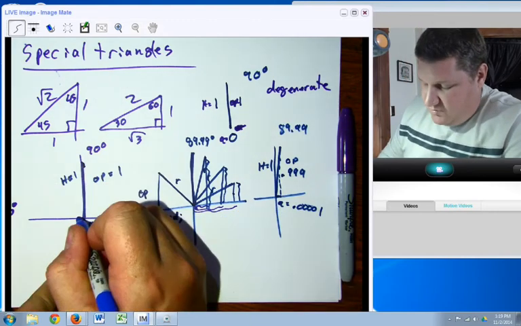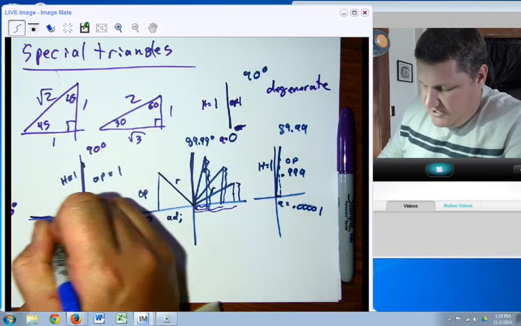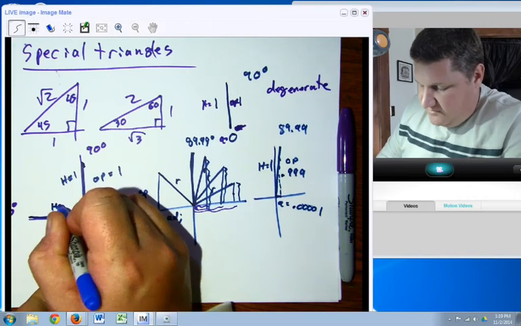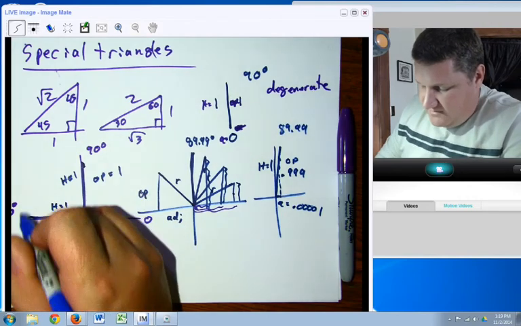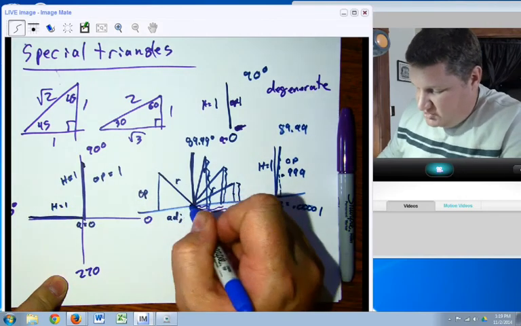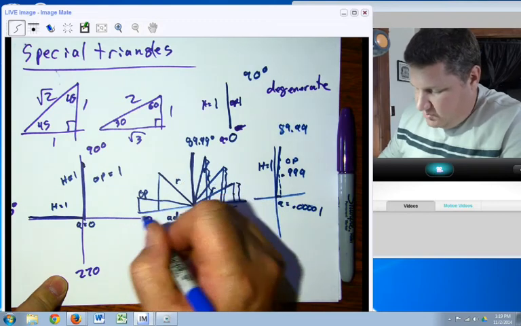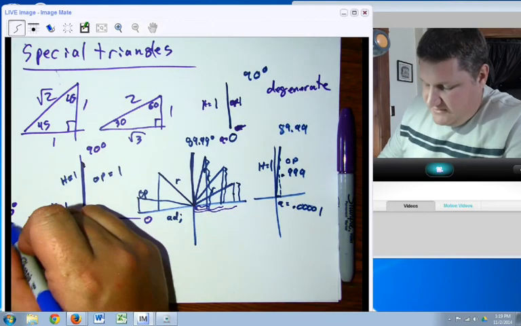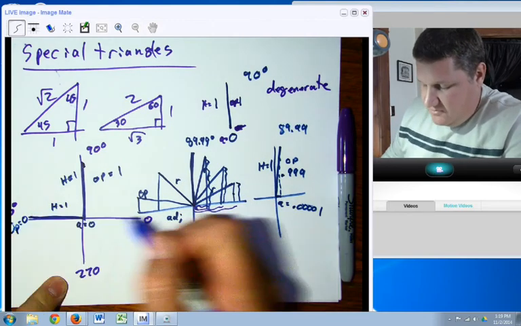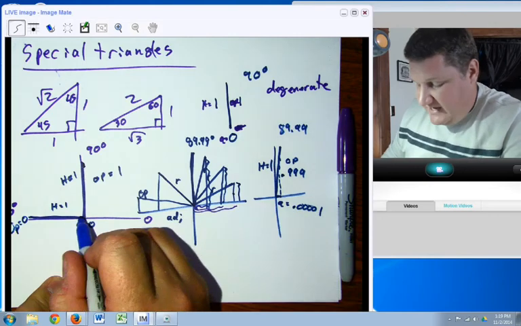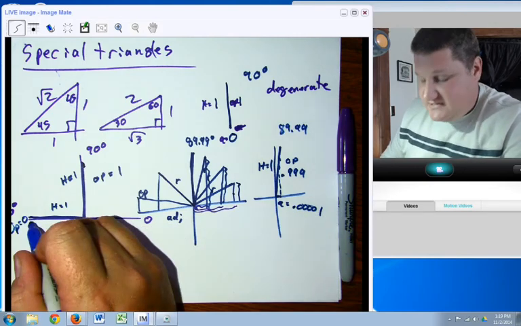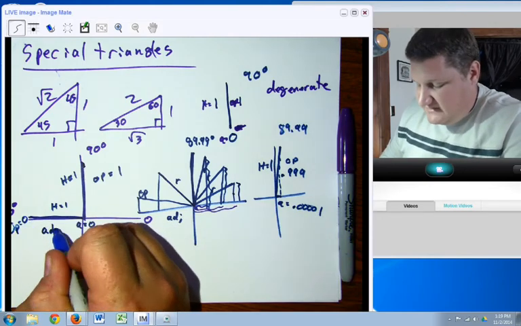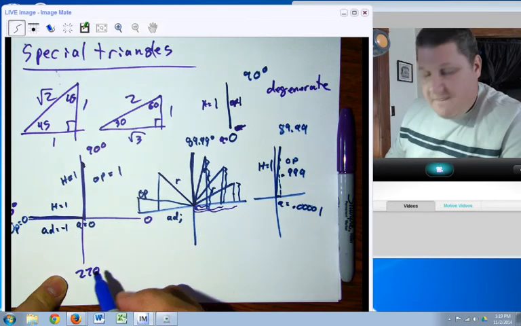So that when I get down here to 180, the hypotenuse is still 1. The opposite side has gotten shorter and shorter and shorter until the opposite side is 0, and the adjacent side has to be the same exact length as the hypotenuse, but since the adjacent side is going backwards, it's -1.